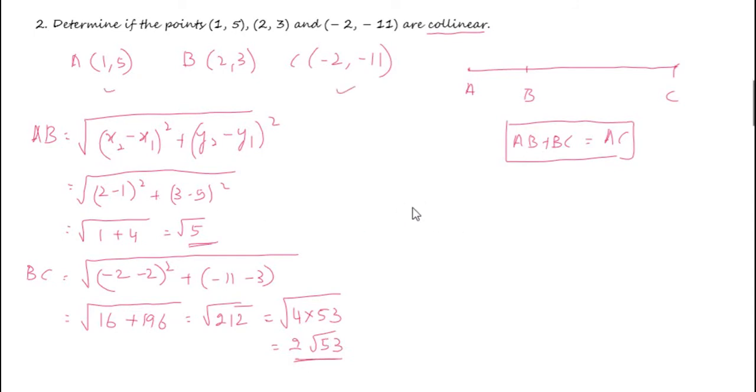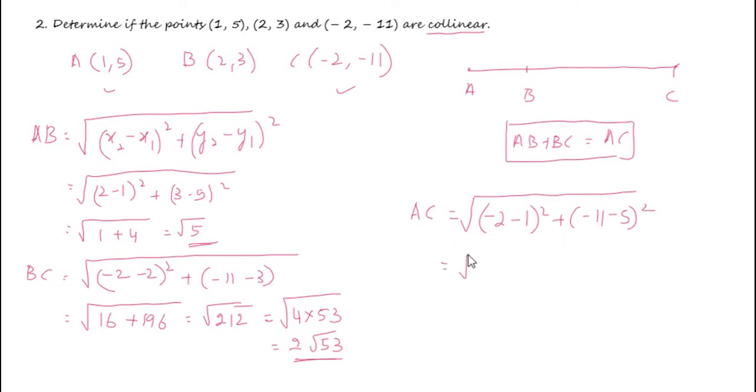Now let us calculate AC. That is equal to, x2 is minus 2 now, that is minus 2 minus 1 whole square, minus 2 minus 1, then plus y2 is minus 11 and minus 5 whole square.